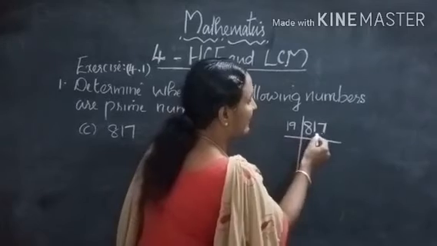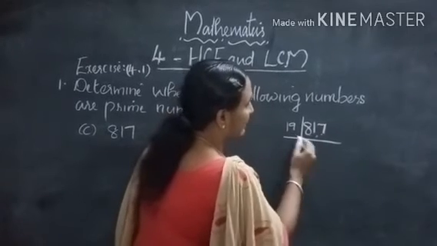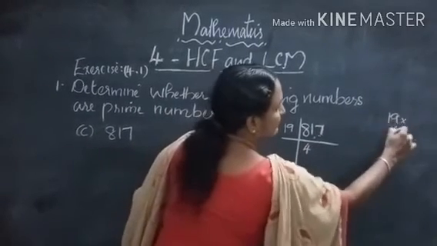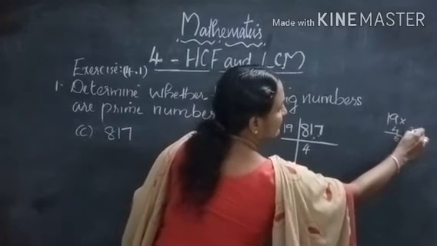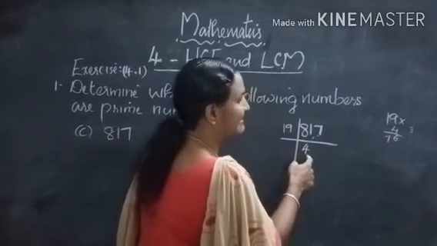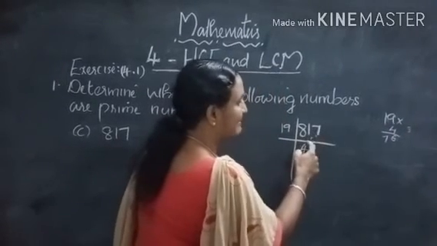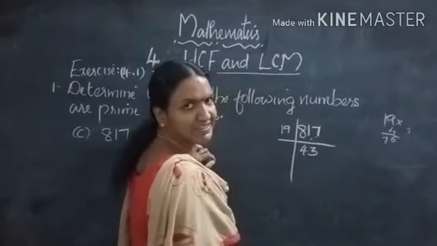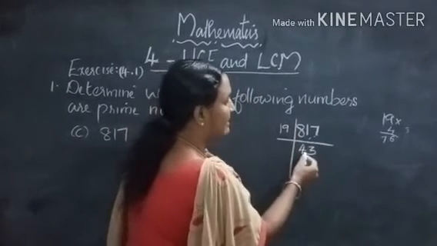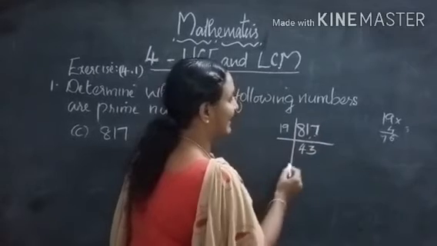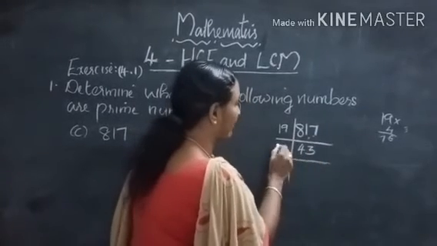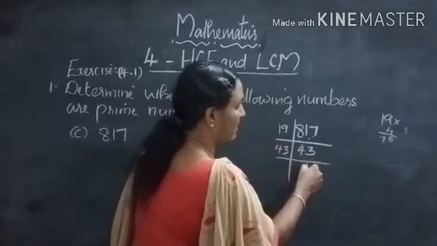How many 19s are in 81? 4 19s are 76, then balance 5, bring down 7, 57. 3 19s are 57. So 43 19s are 817. Here 43 is a prime number, so take 43 outside.